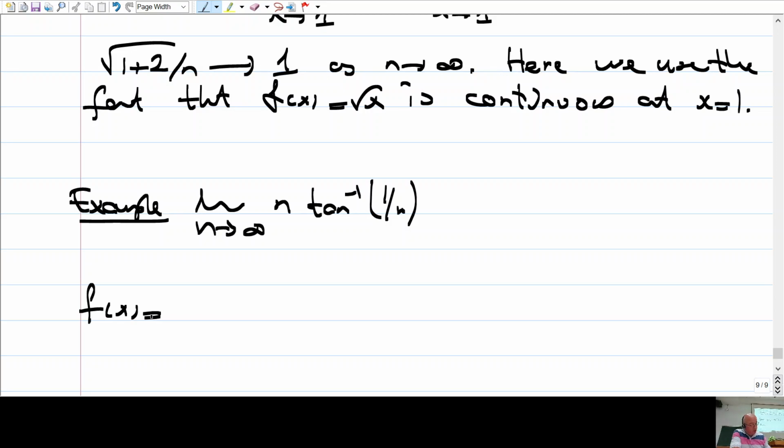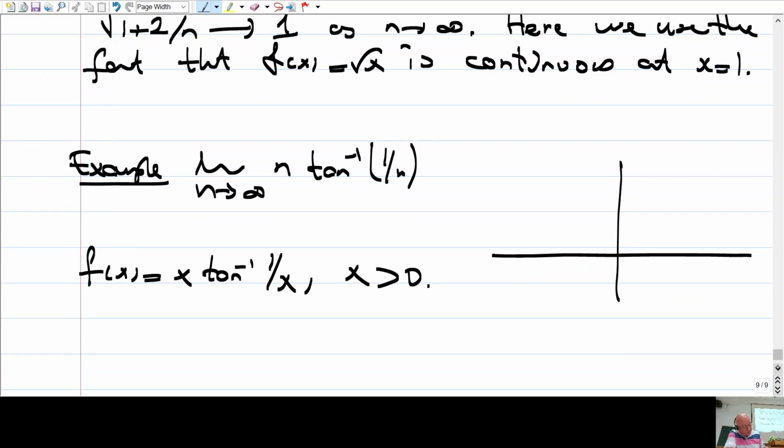Look at this function for positive values, and note that the graph of tangent inverse x is something like this, between minus pi over 2 and pi over 2.